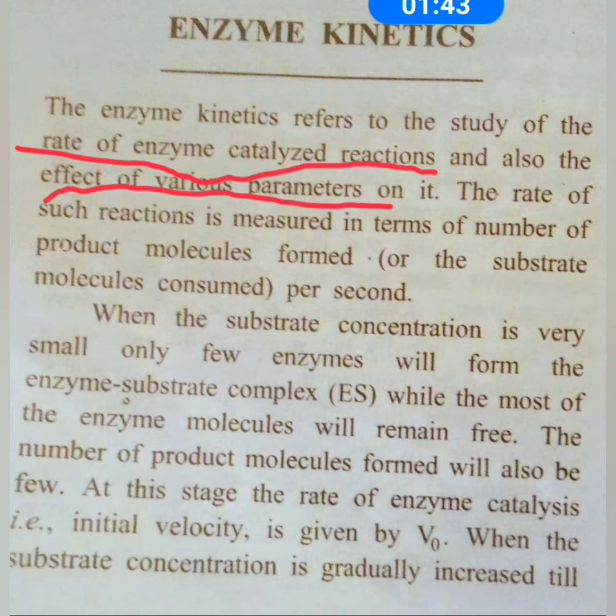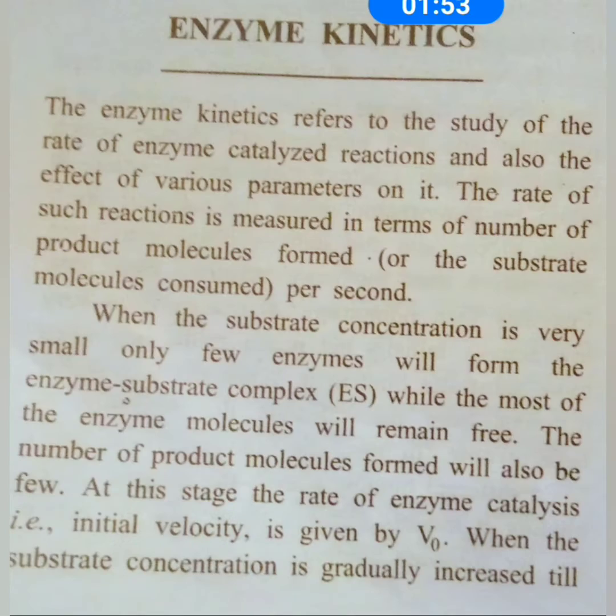Now the rate of such reactions is measured in terms of the number of product molecules formed. You see here that the rate is measured in terms of the product molecules formed, or we can see the substrate molecules which have been consumed per unit time. Here you see per second.